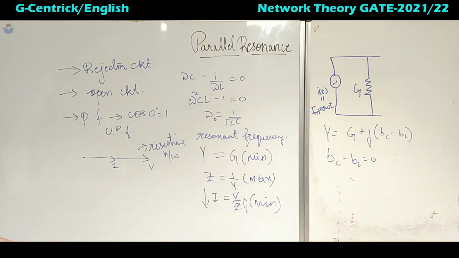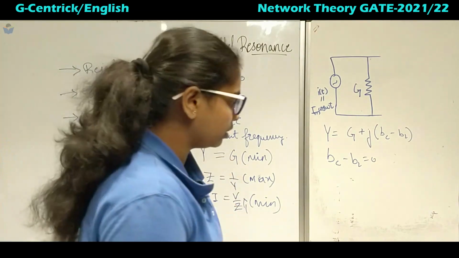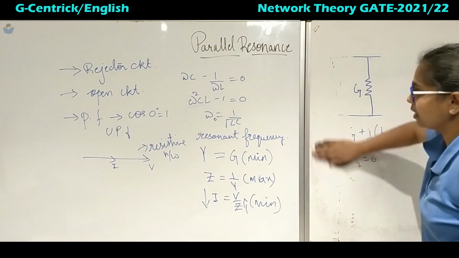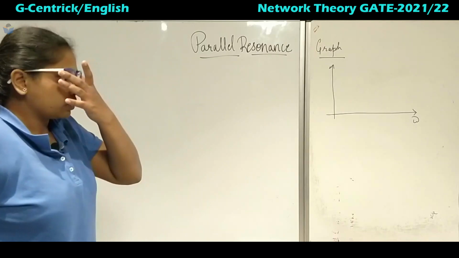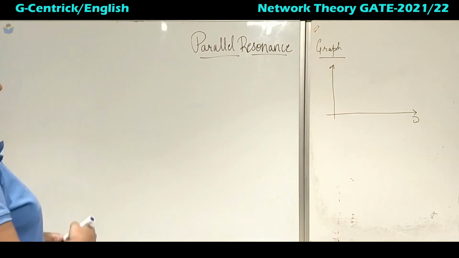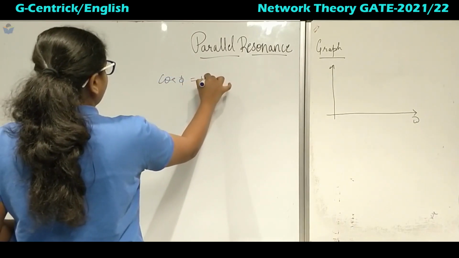Now we will see the graph also, as we have seen in the series resonance. So let me rub this one. We had said that cos phi will be unity power factor. How will it be unity power factor?